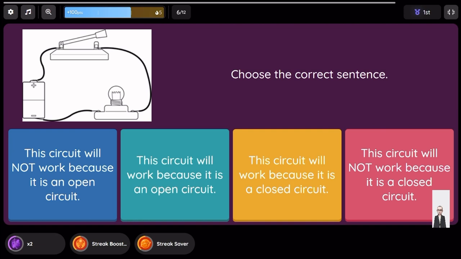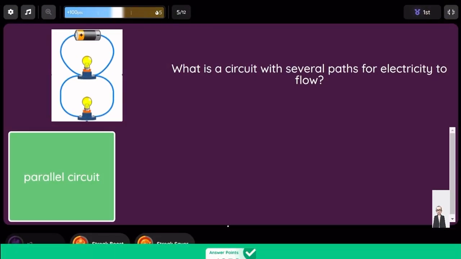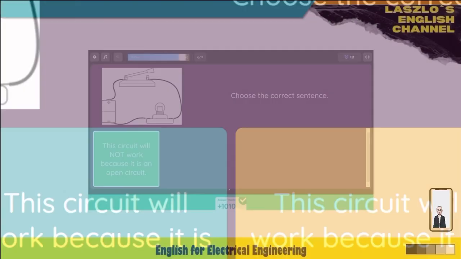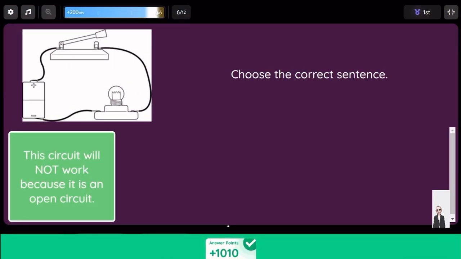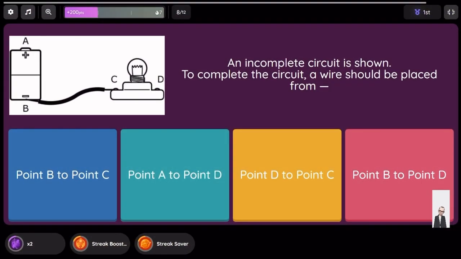Now the question is, is it going to work? What do you think? Well, if it is open, then clearly it is not going to work. So it's not going to work because it is an open circuit.